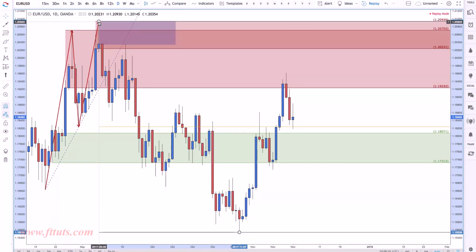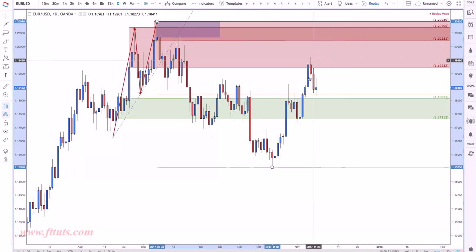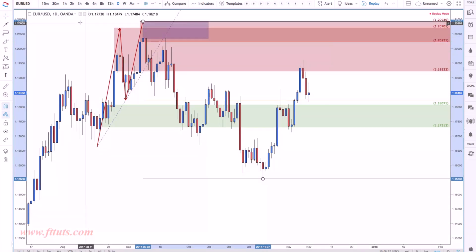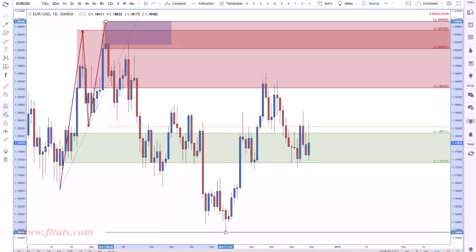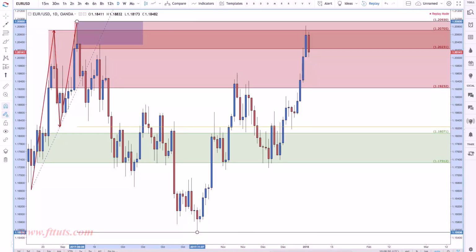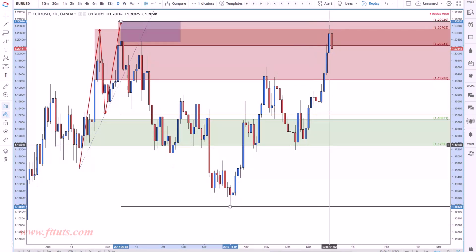So if we're looking at this being a high and this being a potential low, obviously now this is fair value. You can see it reacted off of fair value, and prices are now coming back into a cheap area because I want to be a buyer of the dollar. So if we go back to the bar replay mode, as prices eventually come back up to this area here, now I'm looking for an entry.